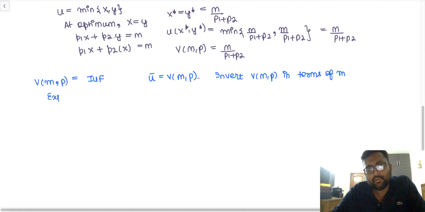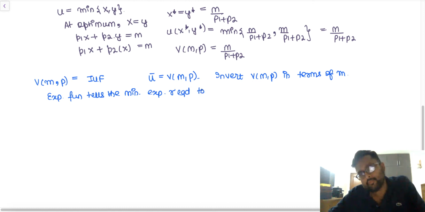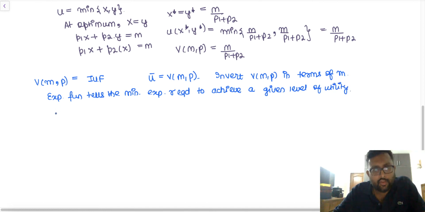So the expenditure function tells the minimum expenditure required to achieve a given level of utility. We call this a function of prices and utility.